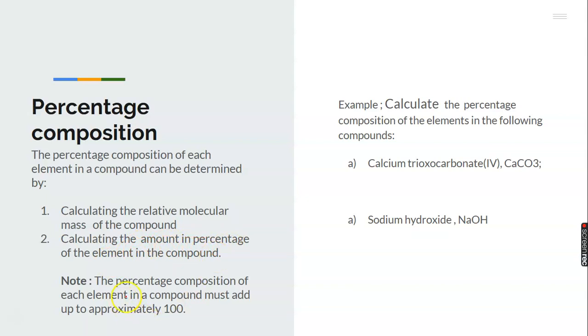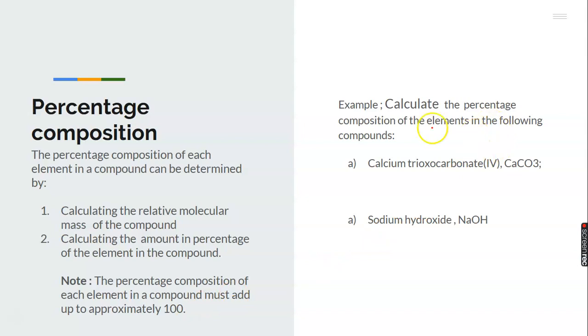I want you to note that the percentage composition of each element in the compound must add up to approximately 100. If it's not equal to 100, it must be approximately 100.